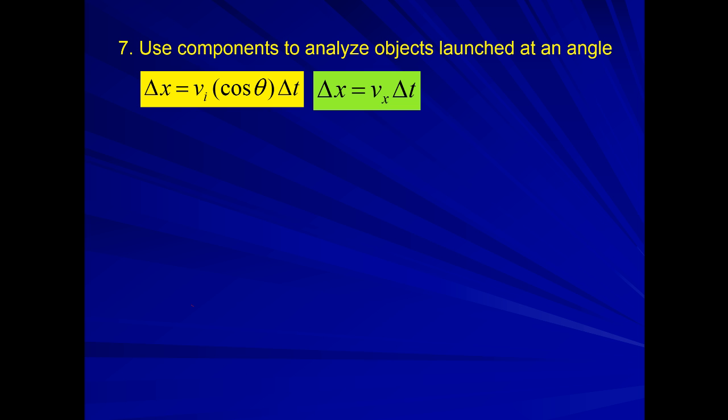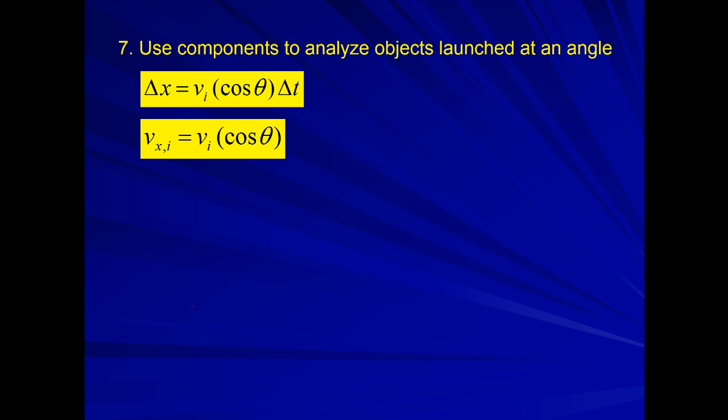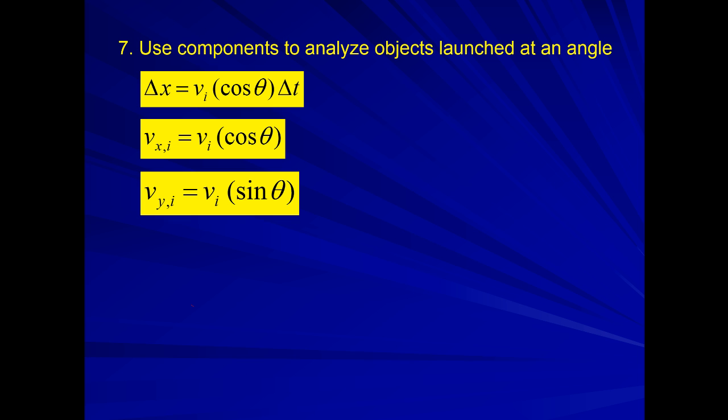The green one, of course, shows you what we used in the previous chapter. It's the same equation, it's just that our vx is vi cosine theta. So if you were thinking in terms of what's the x part of the initial velocity and what's the y part, that's why we're using vi cosine theta or vi sine theta.